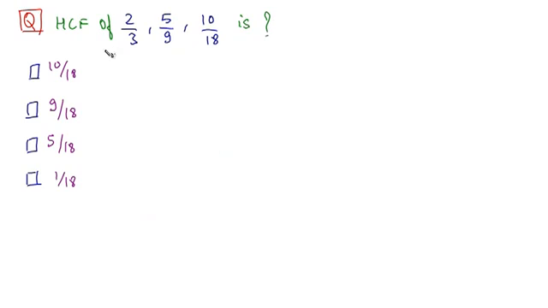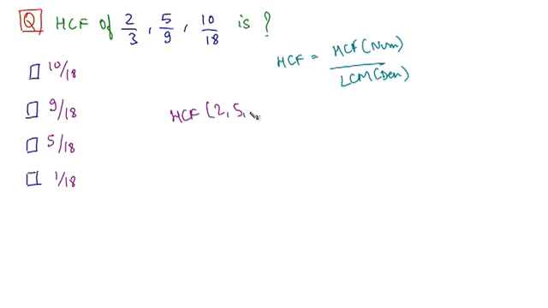With this, let's solve this question. What is the HCF of these three numbers? Well, we have our formula right there. HCF of any fractional number is equal to the HCF of numerator upon the LCM of denominator. Now let's find the HCF of numerators, so HCF of 2, 5 and 10.